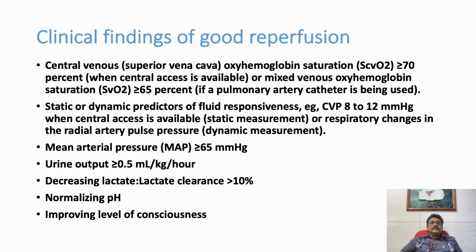Lactate clearance we discussed. pH should be normalized, and improvement in consciousness should be there. Central venous pressure should be maintained, and other findings like SVC oxyhemoglobin saturation, ScvO2, more than 70%. These are the important things which can tell you that the patient is having good internal perfusion.